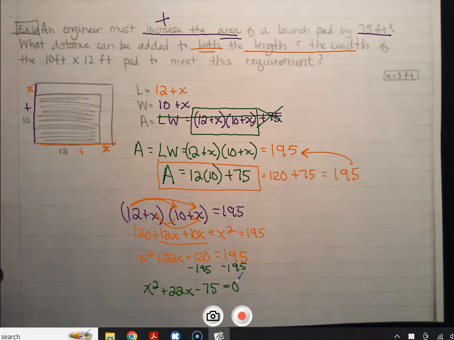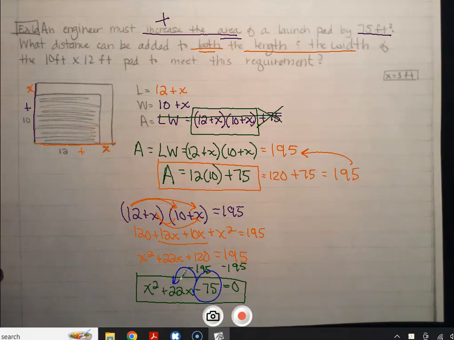Okay, so now we have it in quadratic form, but we still don't know what x equals. So oddly enough, we have to take this quadratic and factor it. You're like, well, wait, we already had two binomials up here, 12 plus x and 10 plus x. We did, but it wasn't a factored binomial. It didn't help us, oddly enough. All right, so let's get back to work here. This one, the x squared has a coefficient of 1. So all we're looking at is the factors of negative 75 that add to be 22.